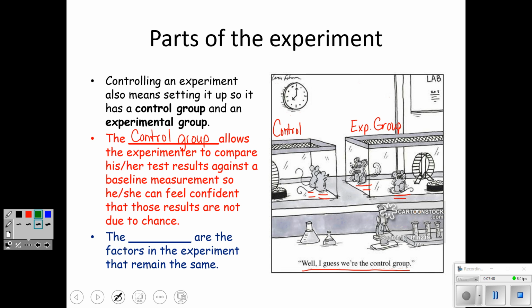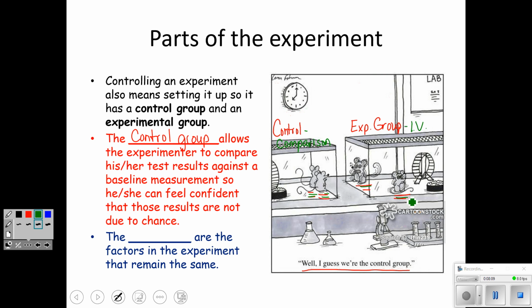Control is the group that you're using for comparison. You do not give them the independent variable. In other words, you do not test this group. They're not tested. The experimental group is the group that gets the independent variable. This is the group that gets tested.